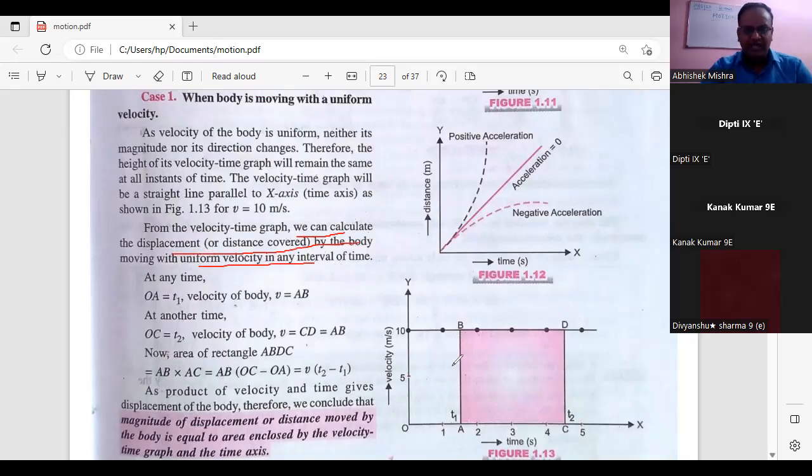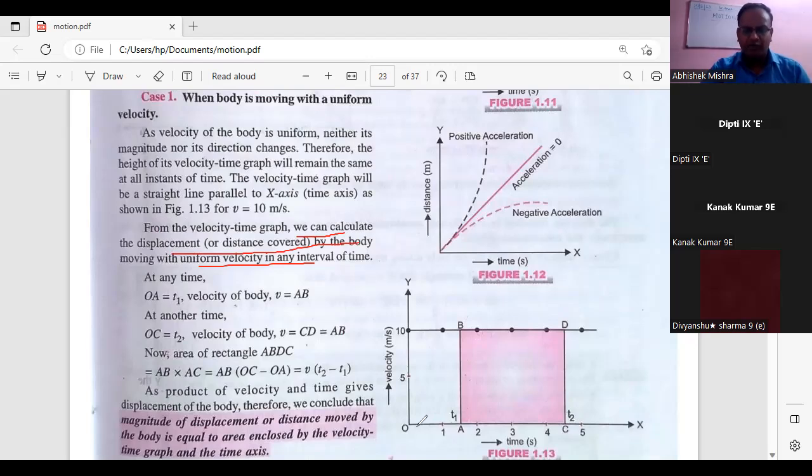So see, at any time, we are drawing a point called A on the x-axis and a point B on the straight line parallel to the x-axis, a point C on the x-axis and a point D on the straight line parallel to the x-axis.